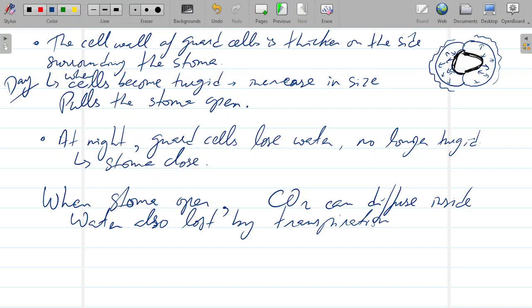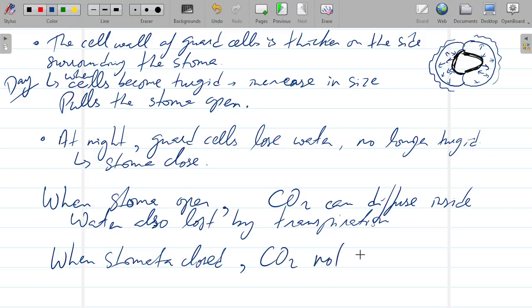Whereas, when the stoma is closed, right, CO2 cannot be absorbed, so that affects photosynthesis, and water is also not lost.